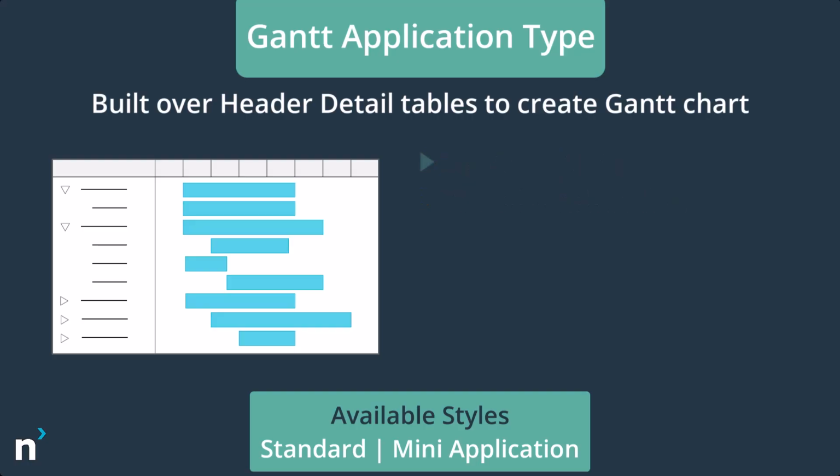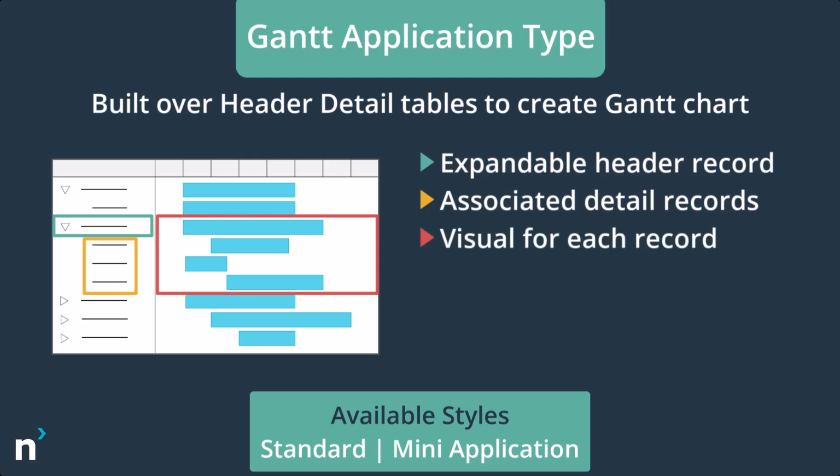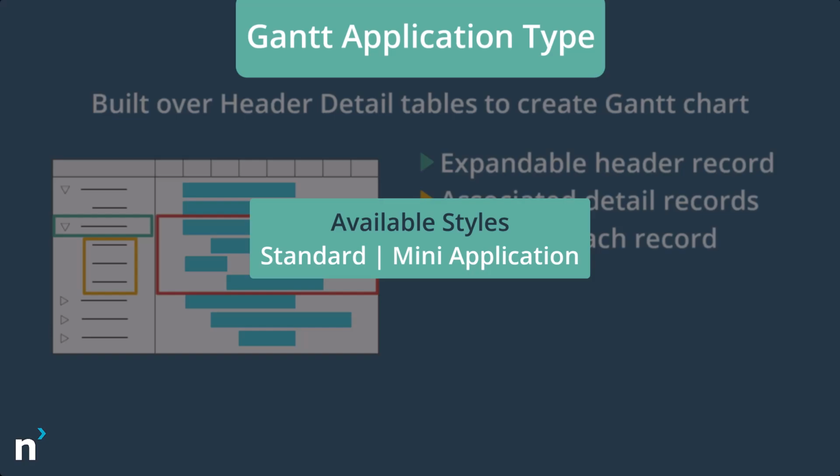Each work order is a header record that can be expanded to show the associated detail records that make up the individual tasks or components. Each record is represented by a bar in the visualization and shows the start date, duration, and end date of the event or task. This application type has two available styles: standard or mini application.